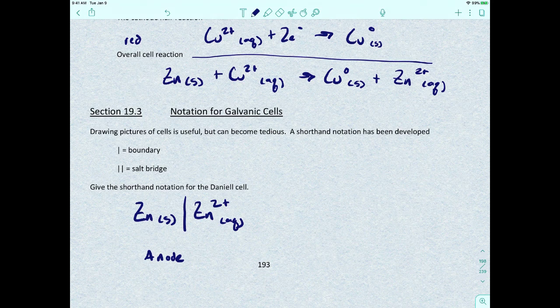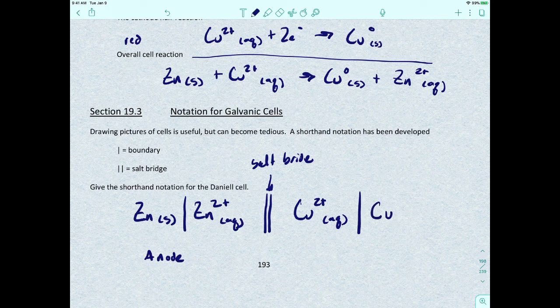You have that beaker connected by a salt bridge, which is your double line here, connected to your cathode. So here you've got copper 2 plus, which is aqueous, and you've got a boundary between that and solid copper. So again, the right-hand side, cathode.